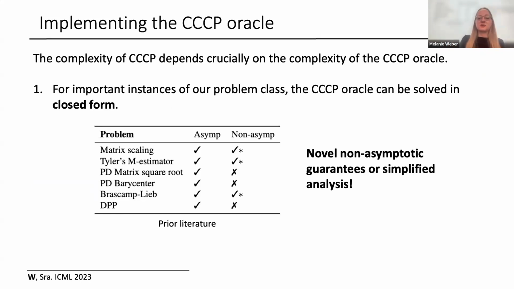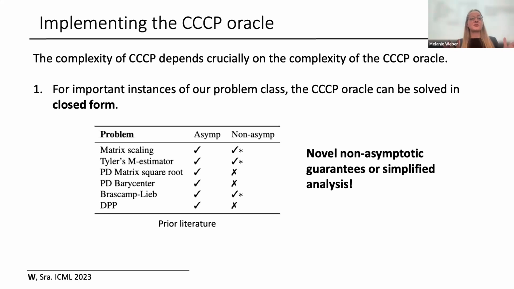And due to this very simple algorithm, those types of simple algorithms have been derived for many settings, usually not even with the CCCP algorithm in mind, but as a general technique.